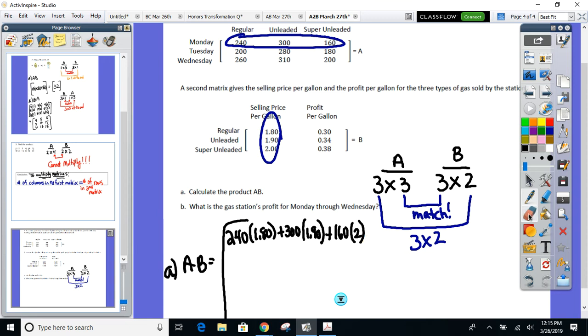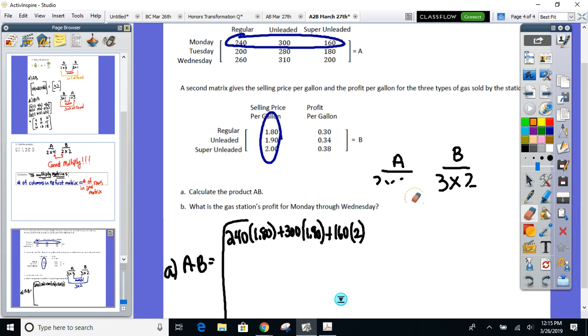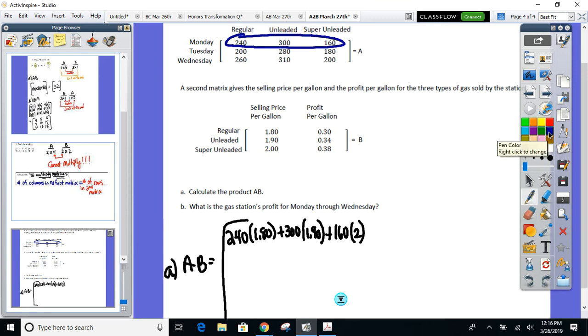Okay, next up, let's find this spot now, which would be row 1, column 2. So now I'm going to keep row 1 up here, but now multiply it with column 2. And then I'll let you go on your own to do this.